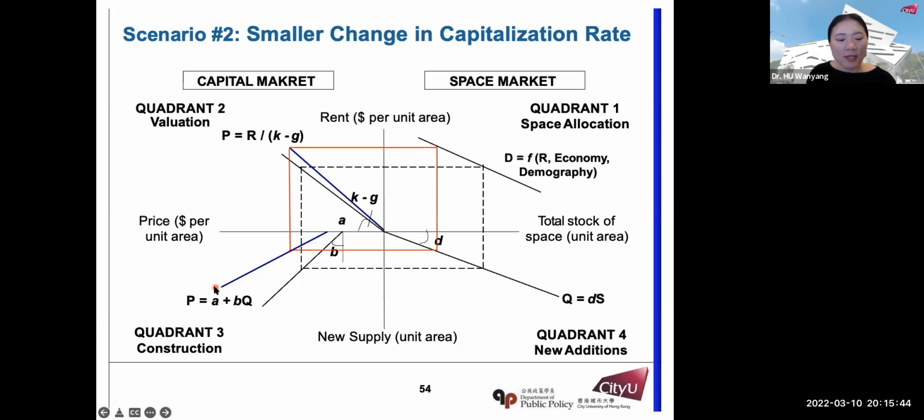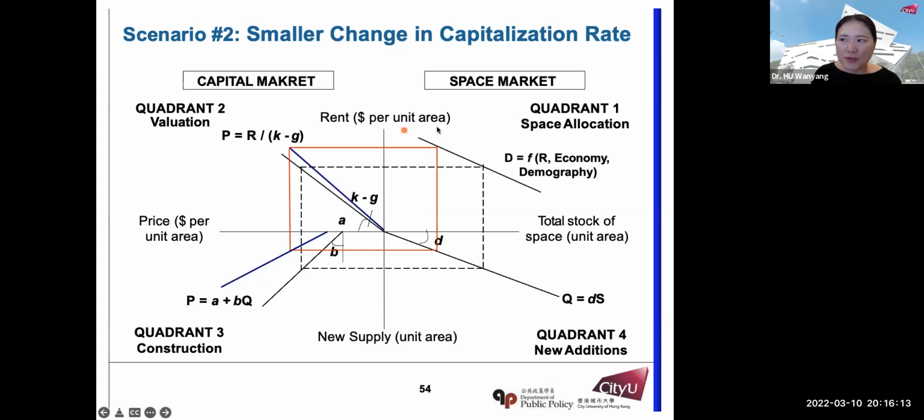In the other scenario, it's a similar adjustment process, but the difference is that because of the way this line rotates, when we fix the same rent level, we initially still have a reduction in the price, a reduction in the new supply and also the stock, and an increase in rent.